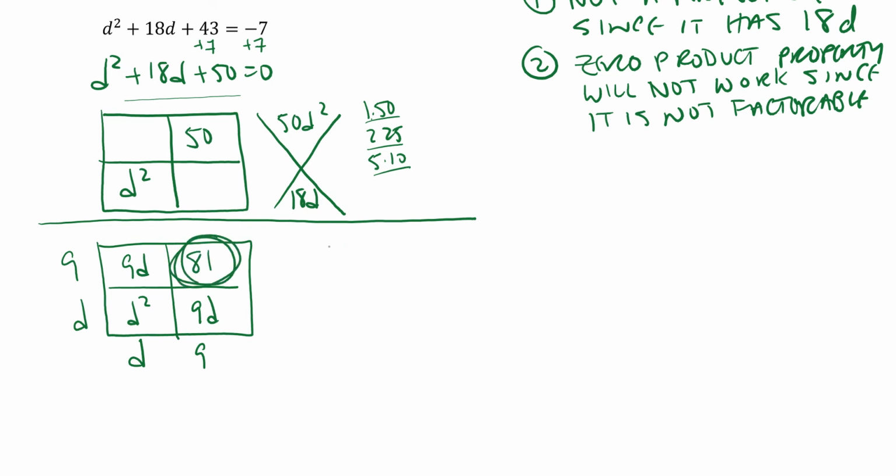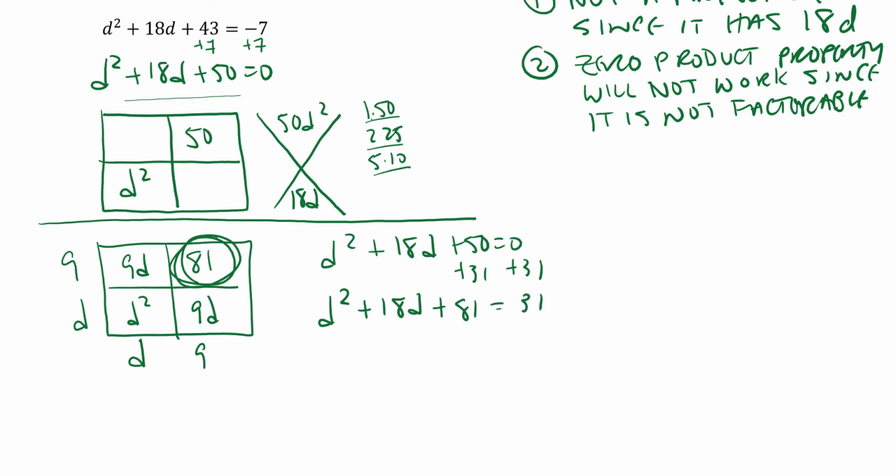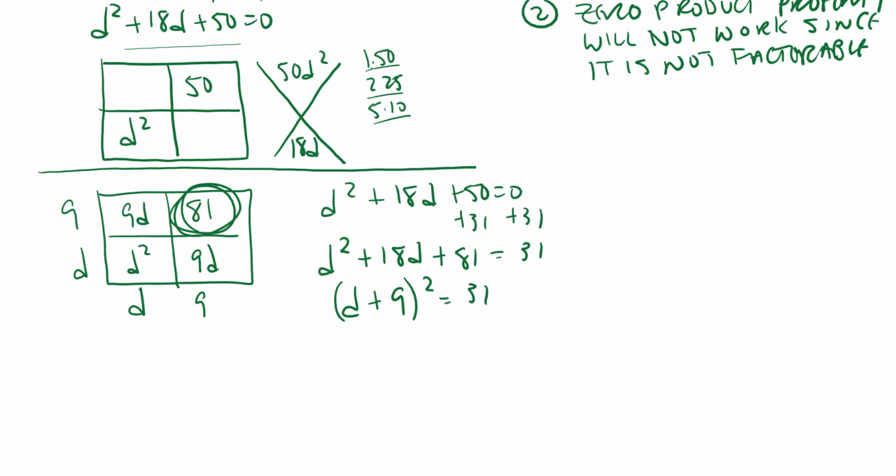So if I have d squared plus 18d plus 50, and I need to complete the square, then I need to add 31 on this side, and I need to add 31 on the other side. And so I get d squared plus 18d plus 81 equals 31. So this is a perfect square, and that will factor to be d plus 9 squared equals 31.